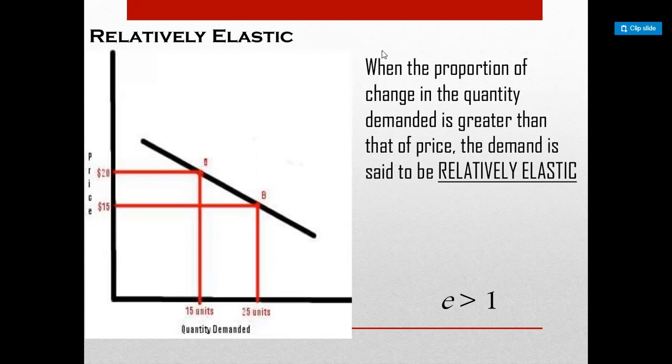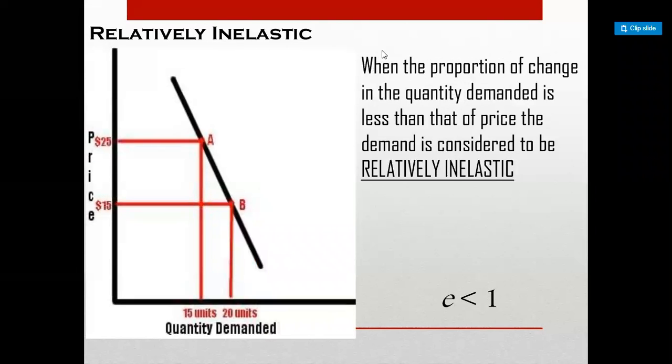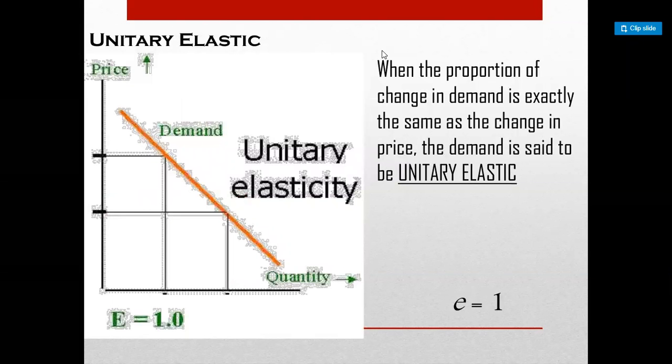Likewise, relatively inelastic or less elastic demand: when the percentage change in the quantity demanded is less than the percentage change in the price, then demand for such a commodity is said to be less elastic. Next is unitary elastic demand. When the percentage change in the quantity demanded equals the percentage change in the price, then demand for such a commodity is said to be unitary elastic.